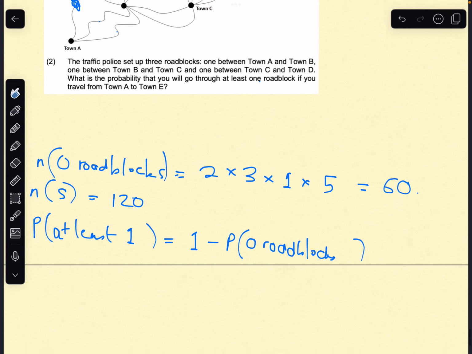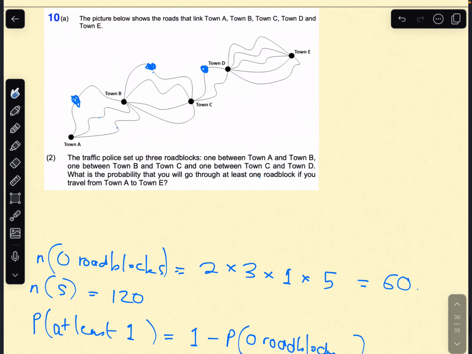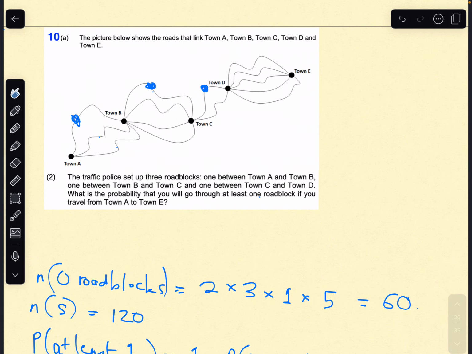Okay, so that will be 1 minus 60 over 120, which is a half. So the chances of encountering at least one roadblock is a half. It's a 50-50. So don't take the chance.